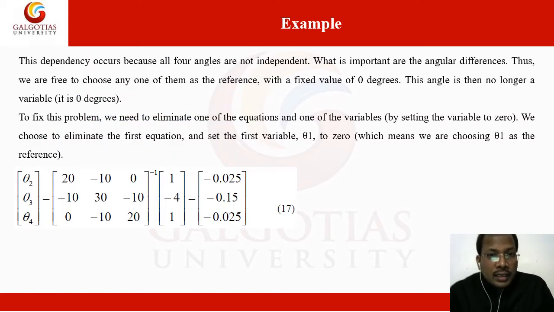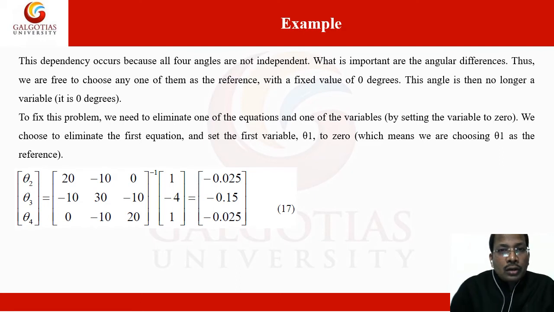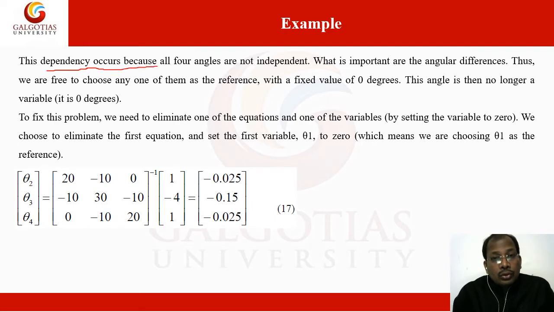This dependency occurs because all 4 angles are not independent. The theta 1, theta 2, theta 3, theta 4 depend on each other, because what is important are the angular differences.